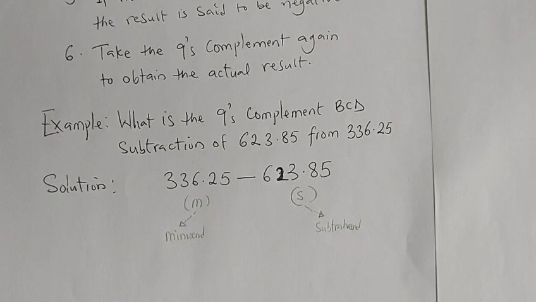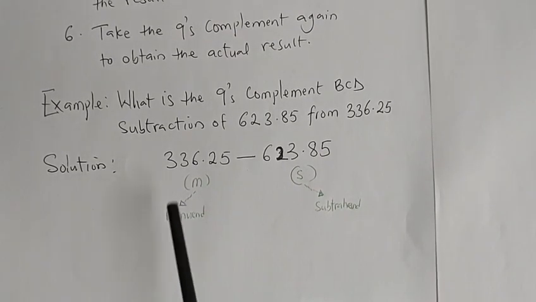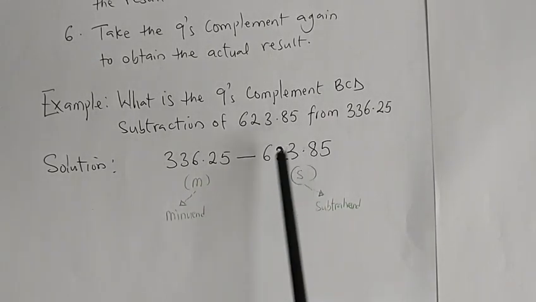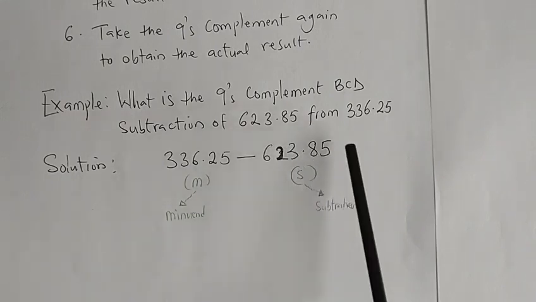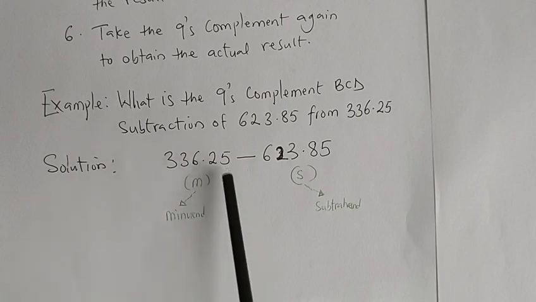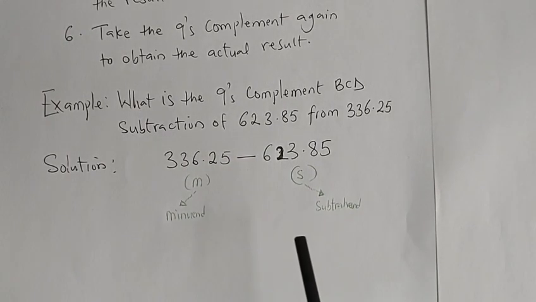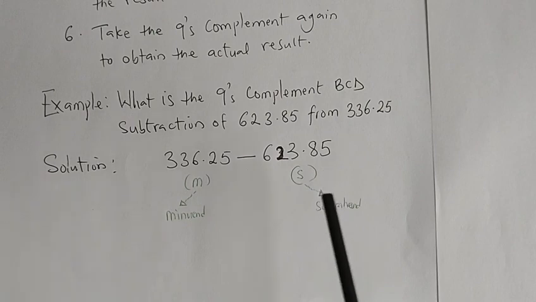So in that case, the solution is going to be 336.25 minus 623.85, where 623.85 is the subtrahend and 336.25 is the minuend. This is the first principle you need to understand: which one is the minuend and which value is the subtrahend.